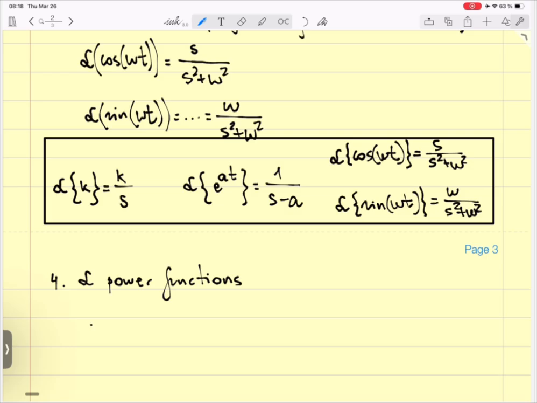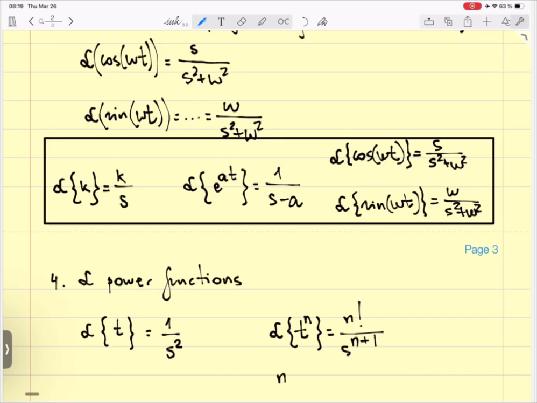The Laplace transform of the function t, if you do it, will deliver 1 divided by s squared. In general, if you do t to the power of n, it will be n factorial divided by s to the power of n plus 1.